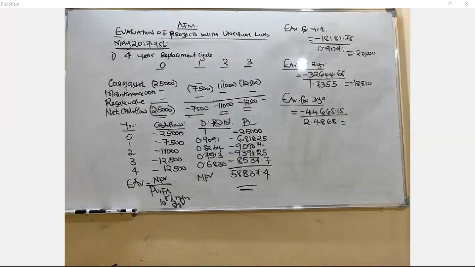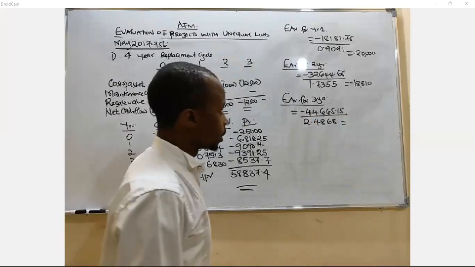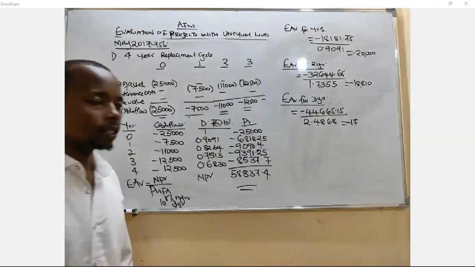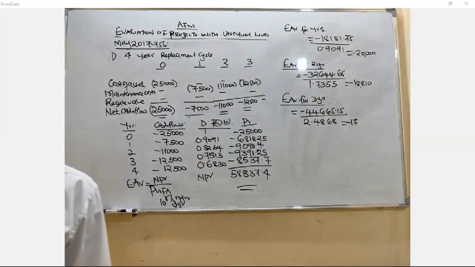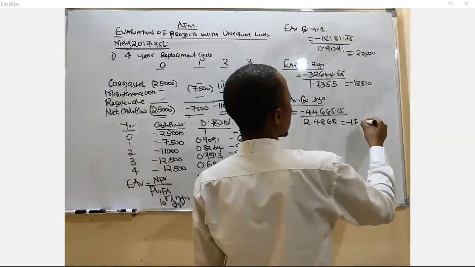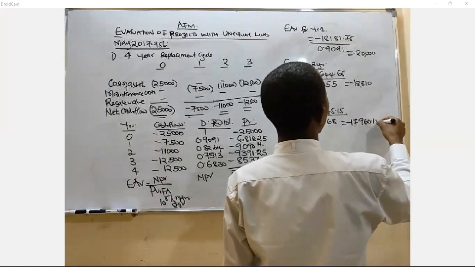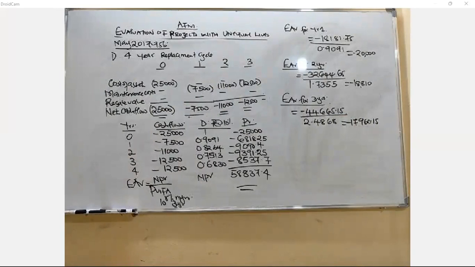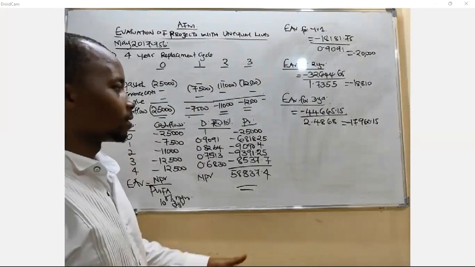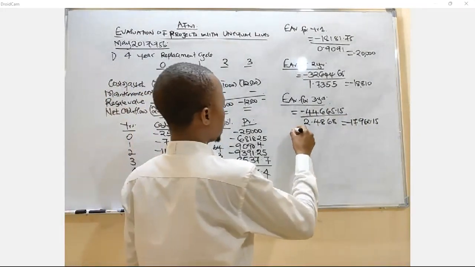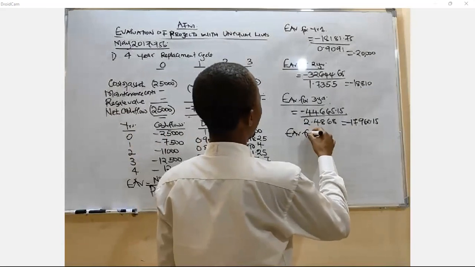Negative what? It should be negative 17,960.15.